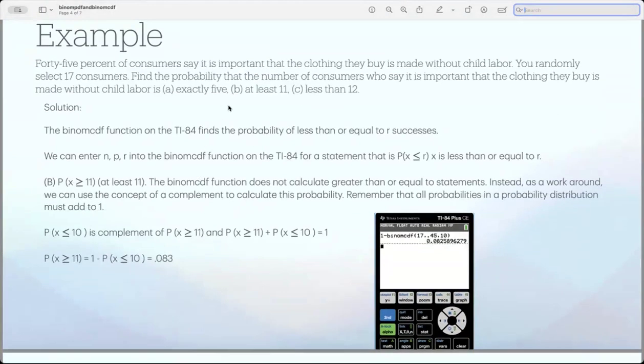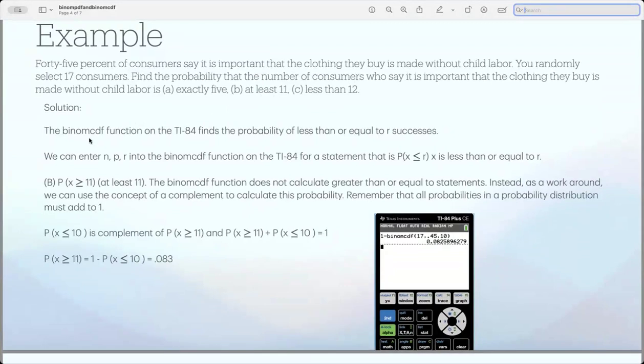We want to find the probability of at least 11 successes. Well, the BinomCDF function on the TI-84 finds the probability of less than or equal to r successes. So we can use the BinomCDF function for a statement that is the probability that X is less than or equal to r successes.